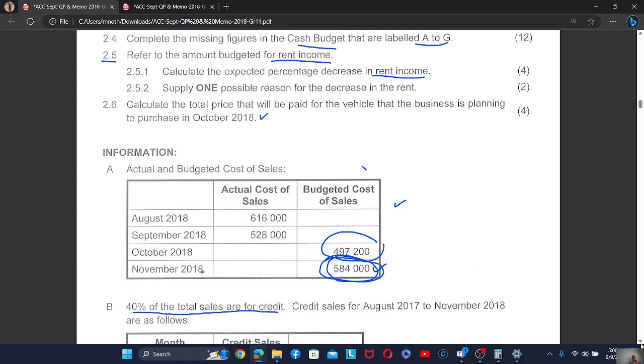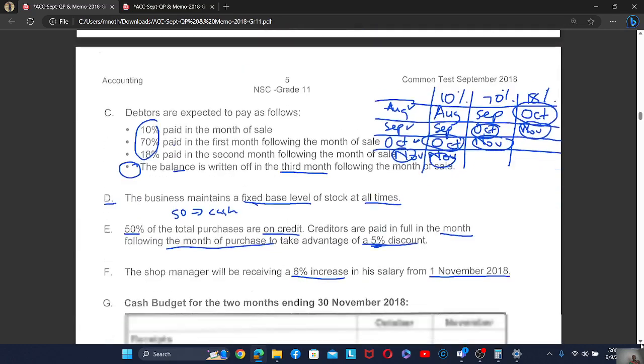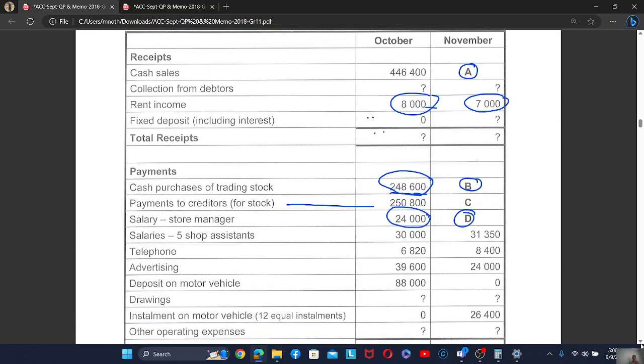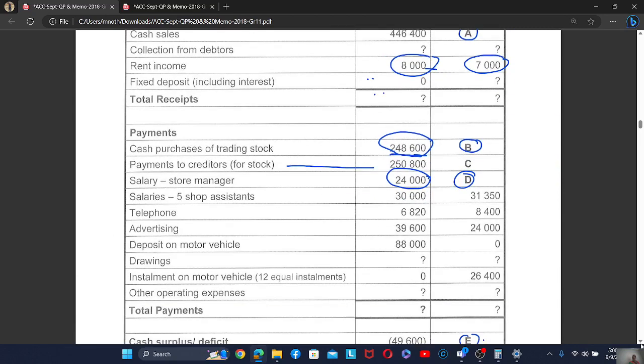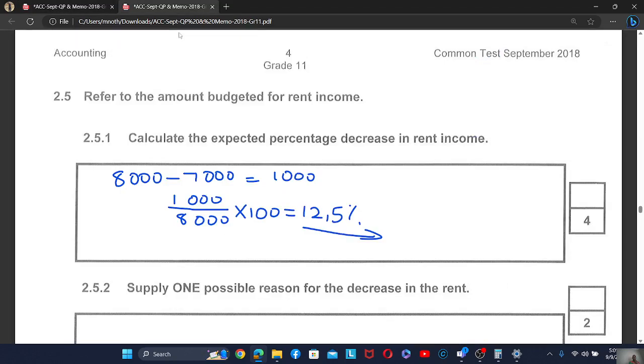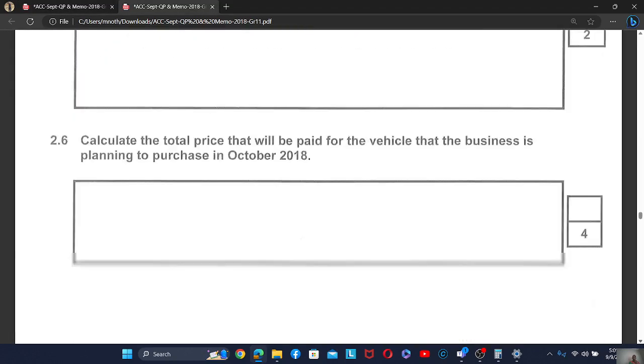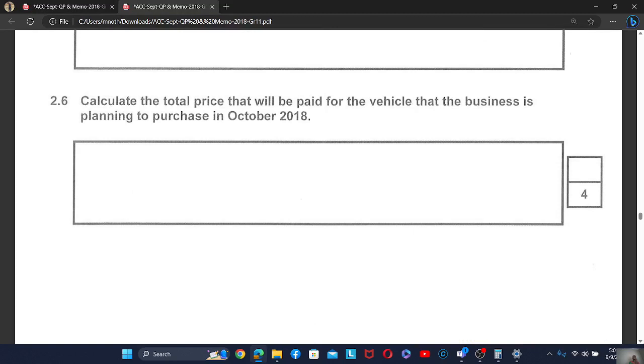Calculate the total price that will be paid for the vehicle that the business is planning to purchase in October 2018. So the business is planning, because they don't have any vehicle, we do have here in the payments. Oh yes, so 88,000. So the question here is saying calculate the total price that will be paid for the vehicle that the business is planning to purchase in October 2018.